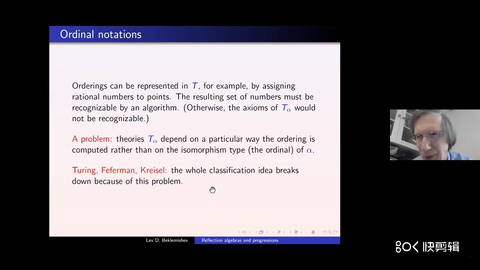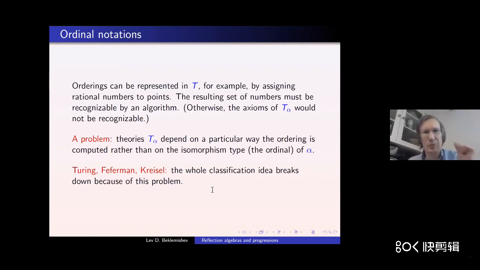In fact, people after Turing analyzed this situation in great detail, particularly Feferman and Kreisel, and what they collectively have shown is that the whole classification idea essentially breaks down because of this problem. So more precisely, there is this result.